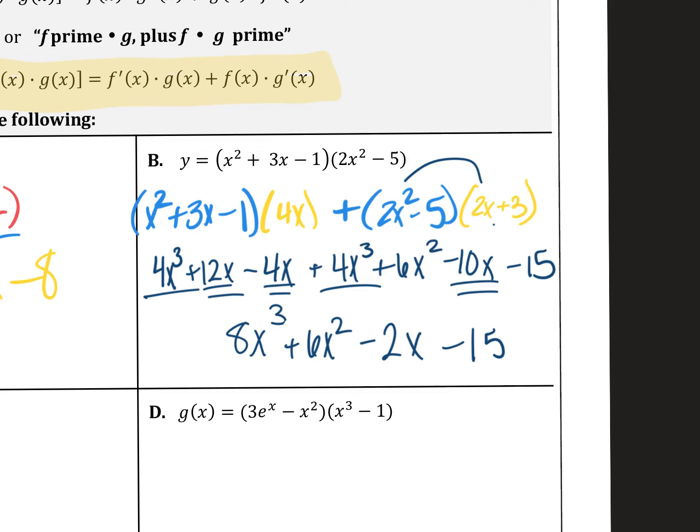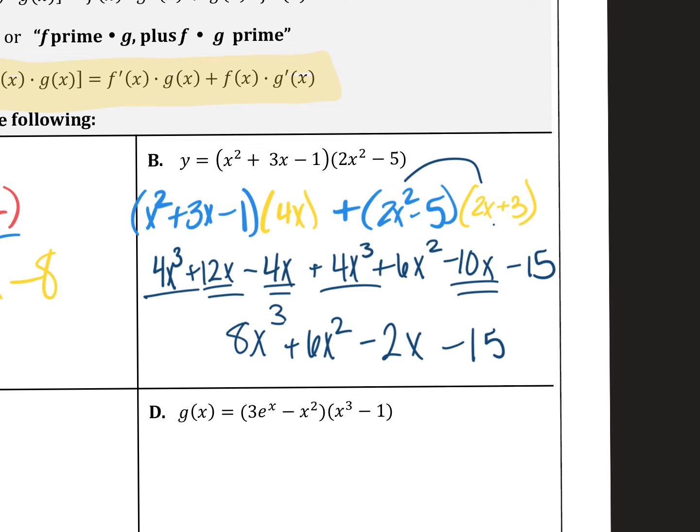Wait, I got 18x squared. 12 minus 4 minus 10. To minus 10x. Oh, x minus 4. So it'd be 8x squared. Is the 12x the first 12x after the 4x cubed? Is that not squared?